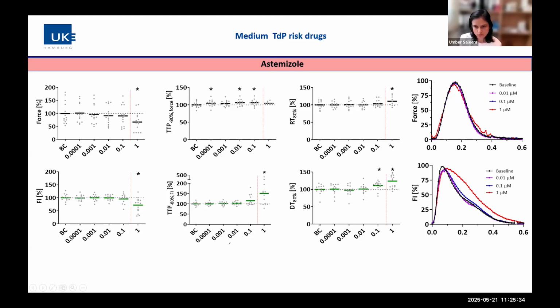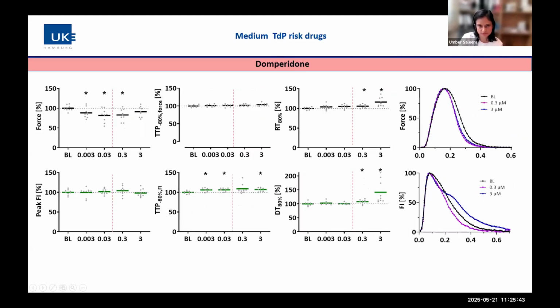And then for voltage, we can see that at the higher concentration of 1 micromolar, there is prolongation of the fluorescence intensity peak. And then the next drug is domperidone, which is a dopamine D2 and D3 antagonist, and this is classified as a medium TDP risk drug, and it has shown a decrease in force, no effect on TTP-80 for force, and an increase in relaxation time.